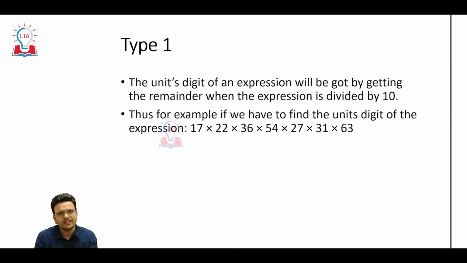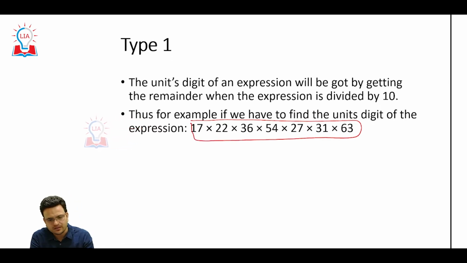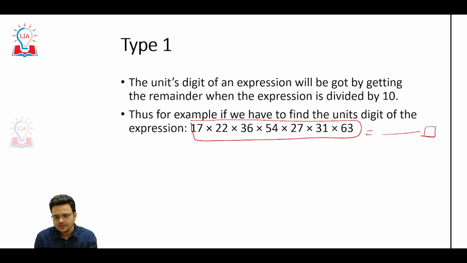One type is very easy, like if the question gives 27 into 17 into 22 into 36 into 54 into 27 into 31 into 63, what can be the unit digit?